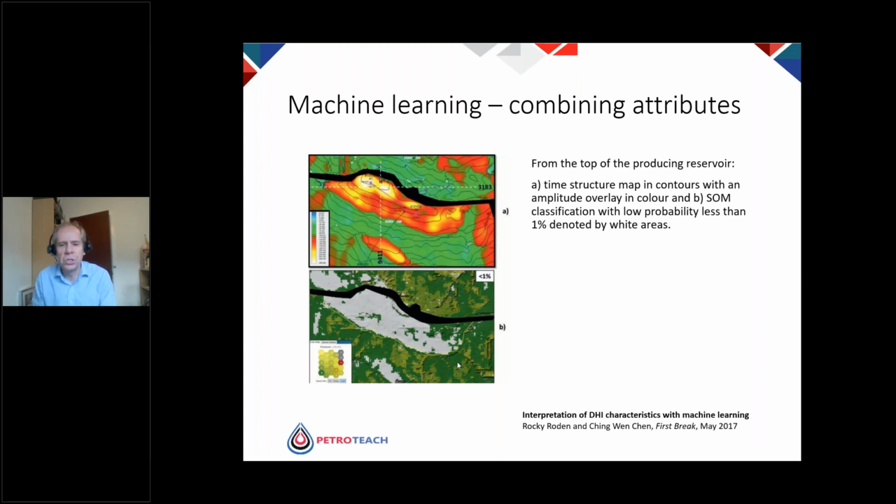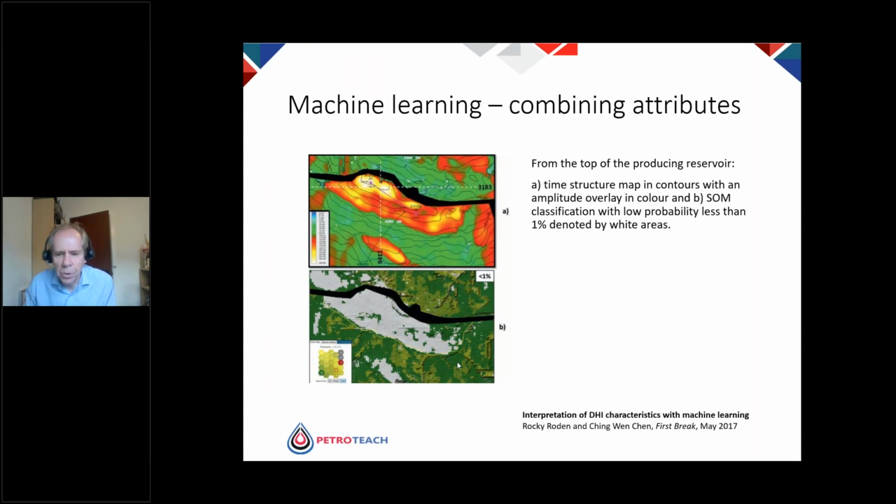And if you look at the paper, you can see they go through all the different attribute cubes that they calculated: the amplitude, the different frequency contents, RMS amplitude, the envelope. So we'll talk about seismic attributes in the course and combining them.